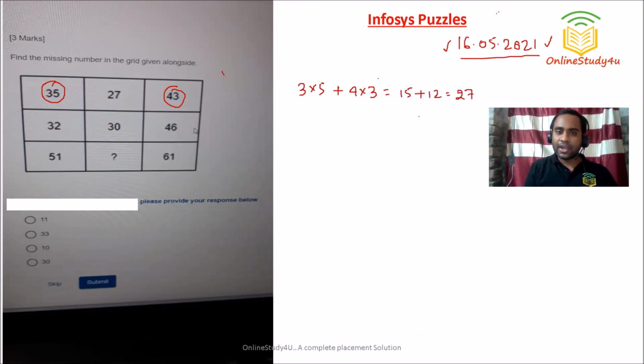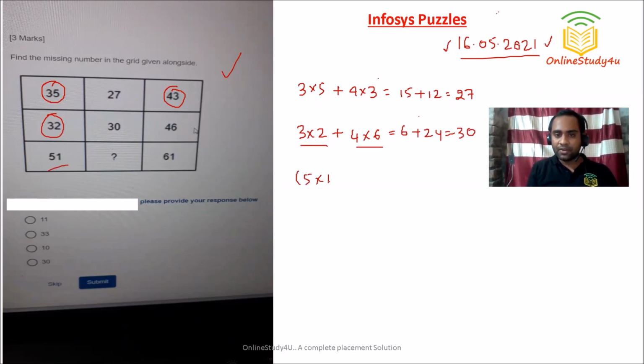Only the puzzles were a little challenging in the Infosys exam, where you need to do some hit and trial to solve the question. So 3 into 2 plus 4 into 6: 3 into 2 is 6 and 4 into 6 is 24, so 6 plus 24 is equal to 30. This is the logic.